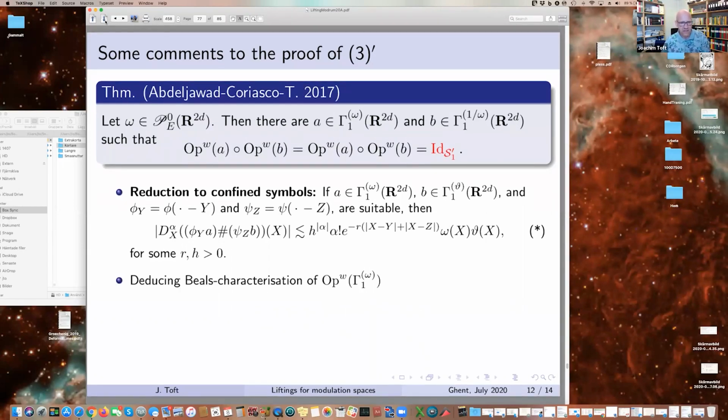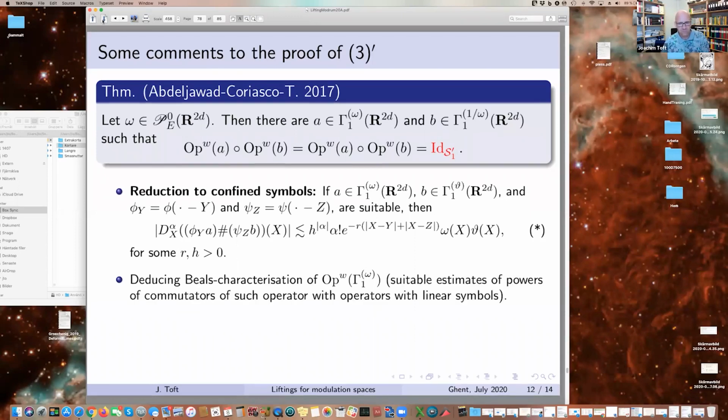Also, the other thing was to deduce Beals' characterization of these symbol classes, these operator classes. This means that we made suitable estimates of powers of commutators of such operators with operators having linear symbols.